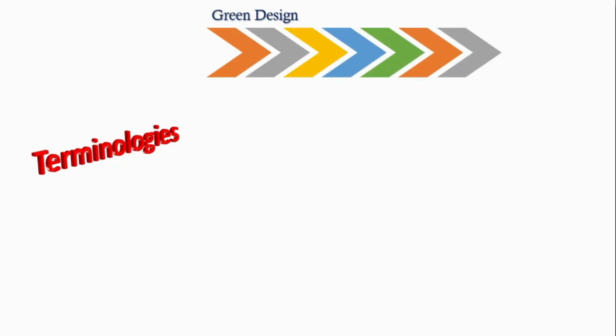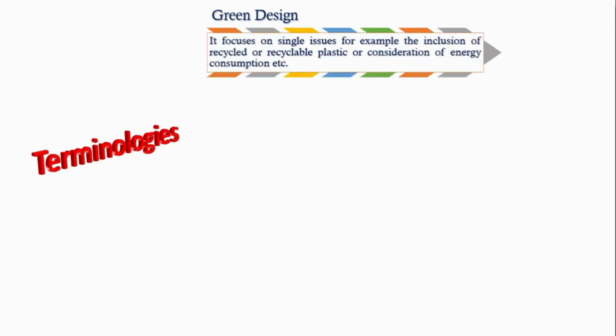Now we come to some terminologies associated with sustainable design. These terminologies have evolved over time. So we are going to see one by one what these terminologies are. The first terminology is green design. What is the meaning of green design?